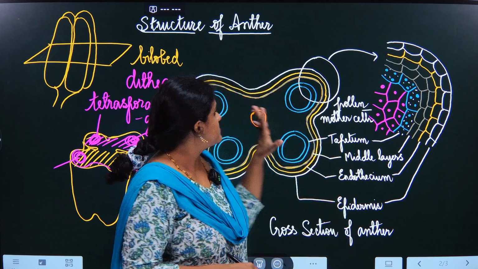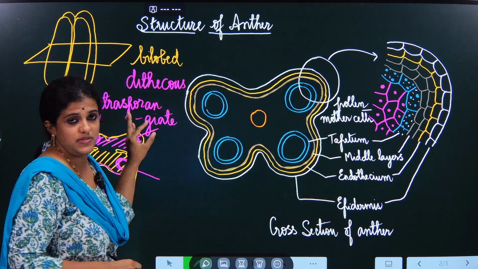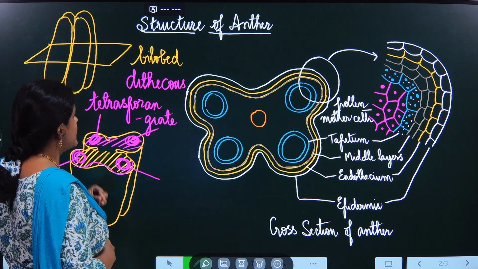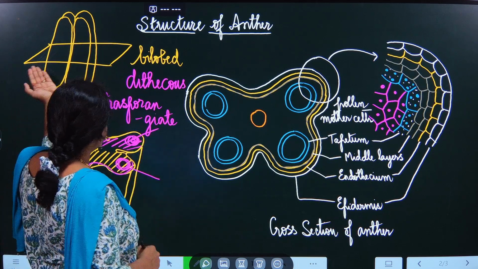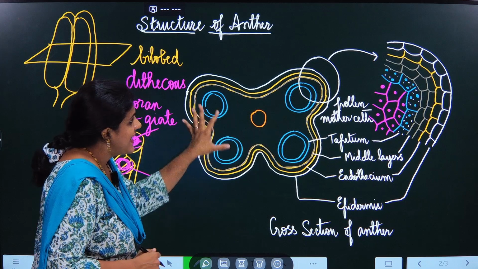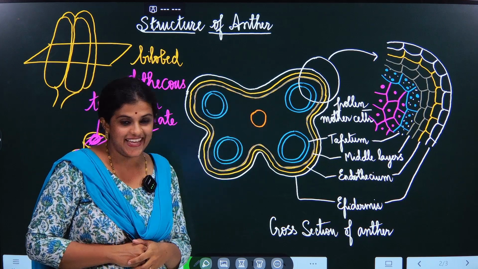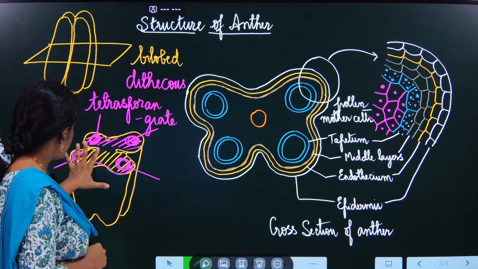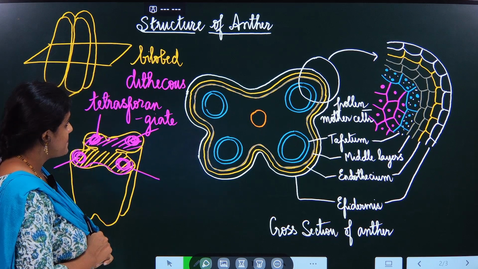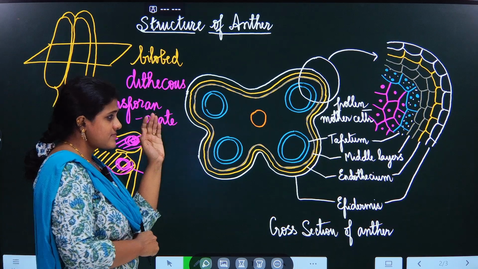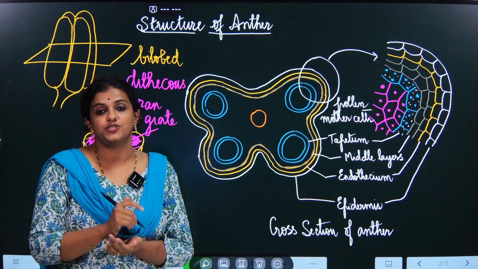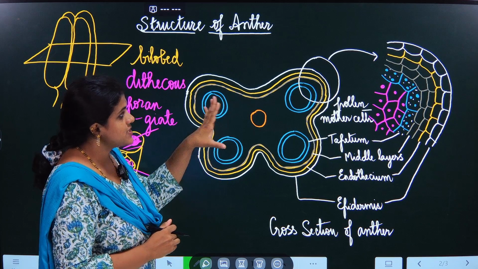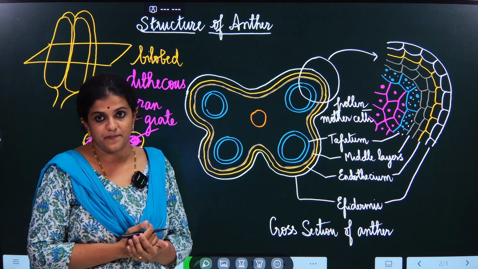So, this is the overall morphology of the anther, and if I take a cross section of that, how does it look? It looks like a butterfly actually, and what is its anatomy we will learn now. I hope this is clear. When I take the cross section of an anther, it has got 2 layers.